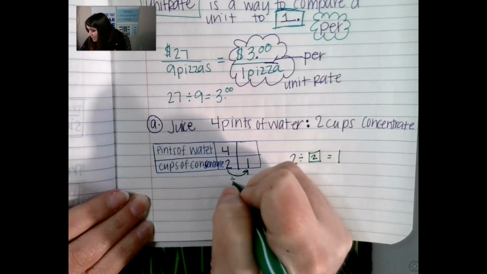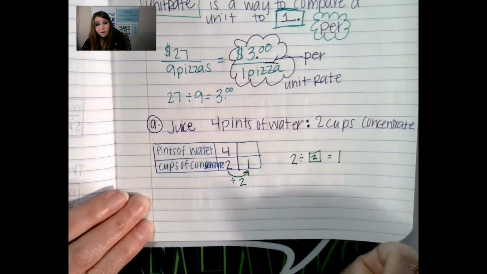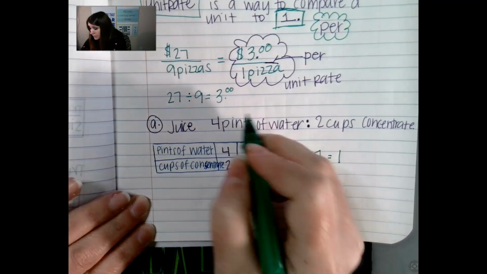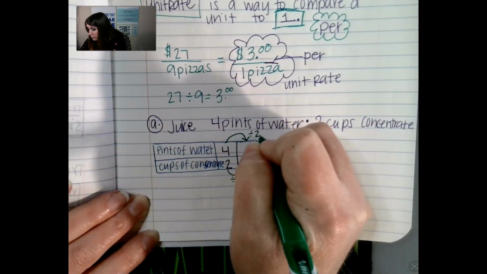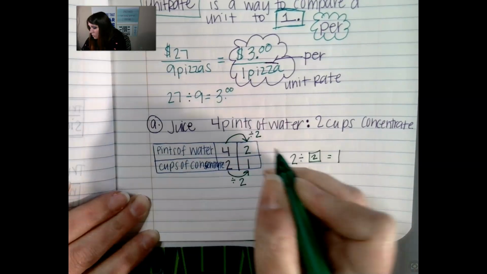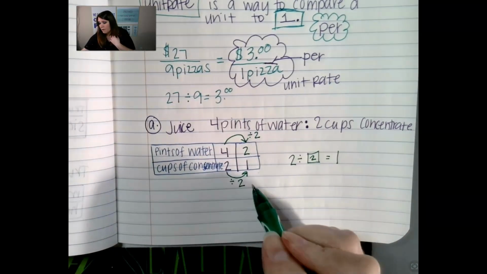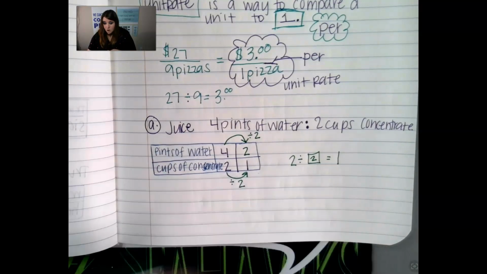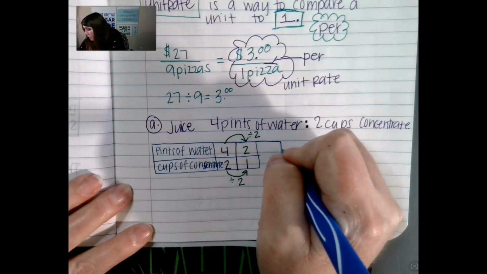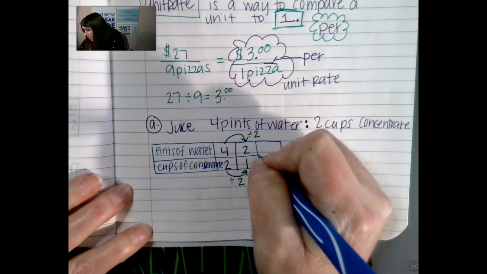So I'm dividing by 2. That's my change. So here I can divide by 2 and I get 2 pints of water for every 1 cup of concentrate.